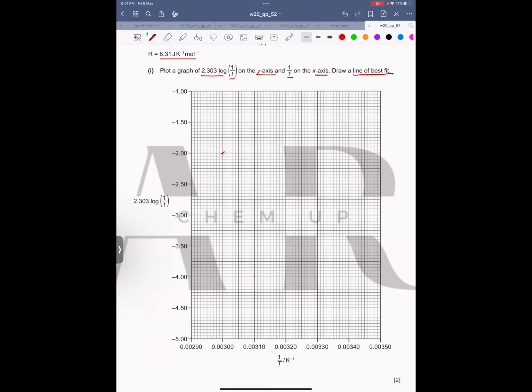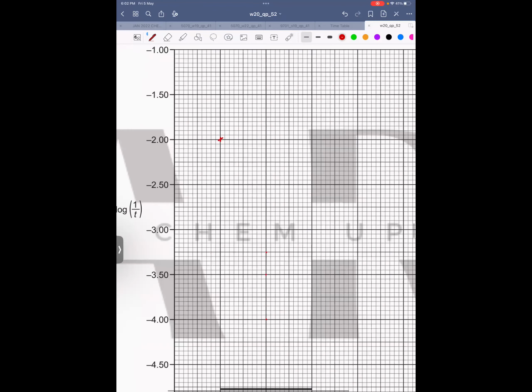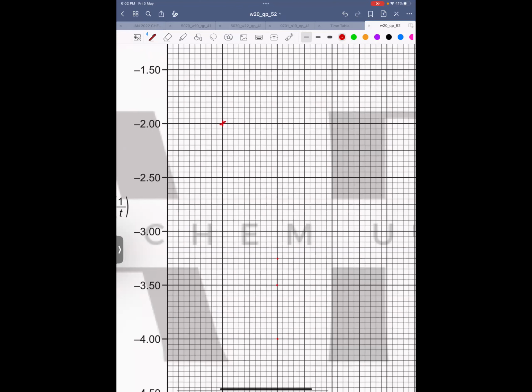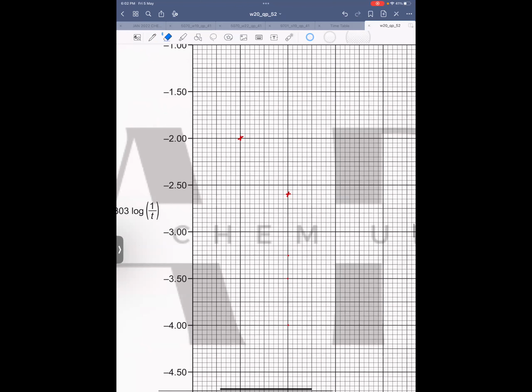And what is the value on the y-axis? Negative 2.6. Yes. Okay. 2.6, 2.7, 2.8, 2.9. So this would be this value. Then the next one, please. 318.